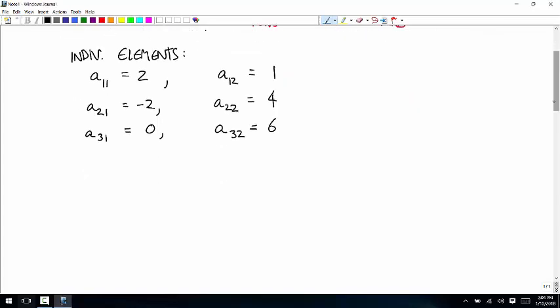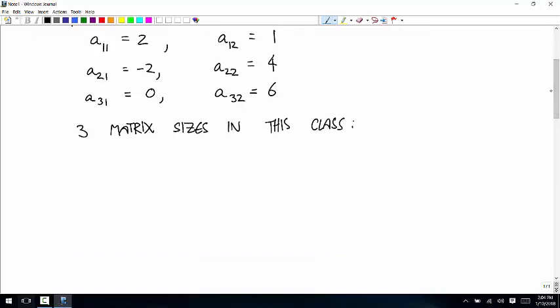In this class, there are pretty much three different matrix sizes. The first one is 3 by 1. Is that skinny and tall or short and fat? Yeah, skinny and tall.